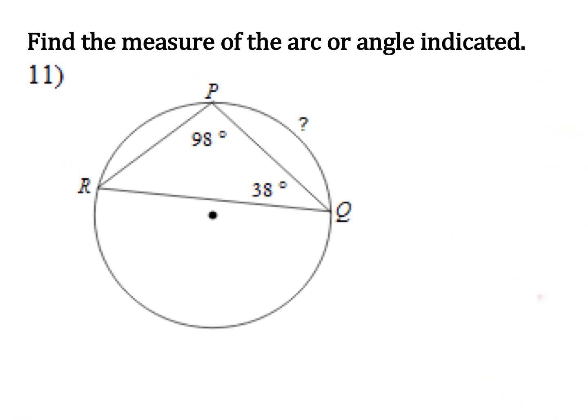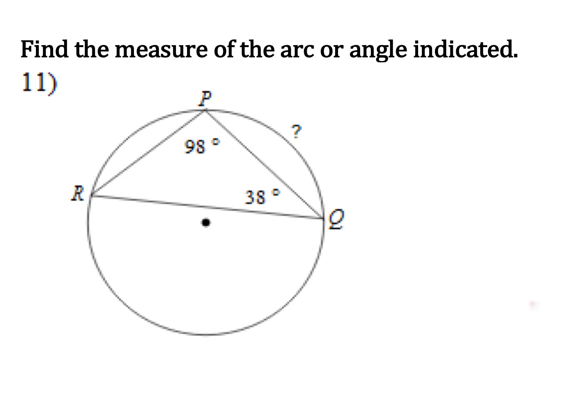Find the measure of the arc or angle indicated. Number 11. So in here we are asked to find the measurement of arc PQ. So we have a triangle. The total angles will be equal to 180. Having said that, I would like to find the measurement of angle PRQ first.